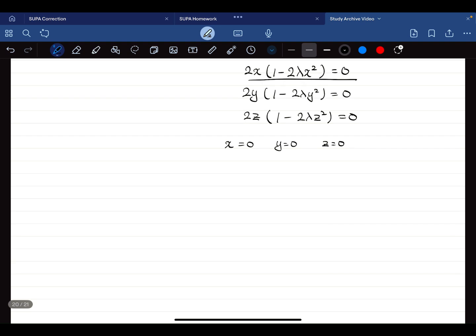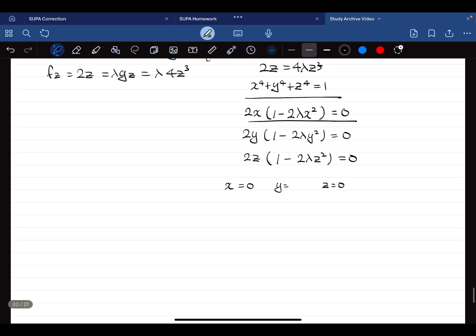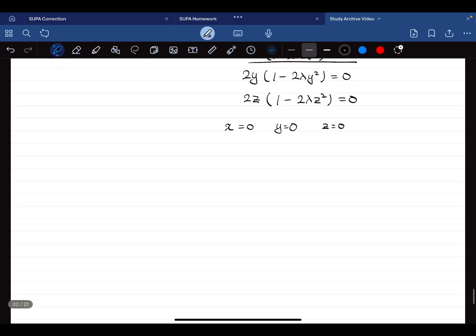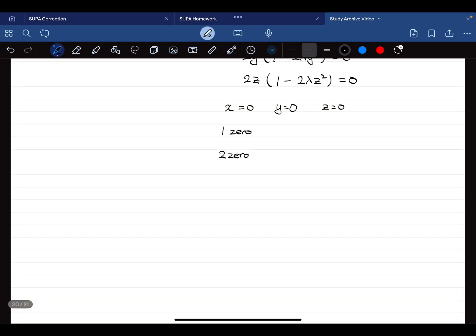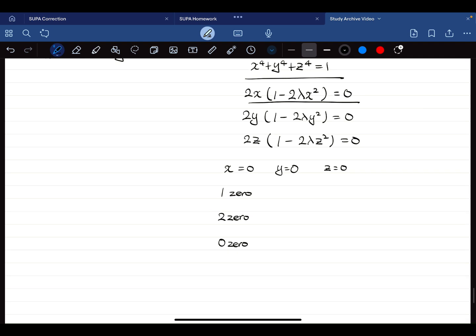And because we know both our functions are symmetric, what we can do is basically just assume, hey, I'm going to apply a situation where, let's say, x is 0, and that's going to be the exact same situation whenever I pick y is 0 or z is 0, and for all the other cases. So let's try a case where there's 1 zero, and then I'm going to do a case where there's 2 zeros. And because there's no case with 3 zeros, we already saw that that's not going to happen.